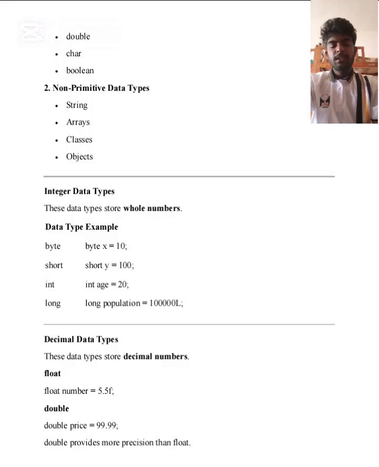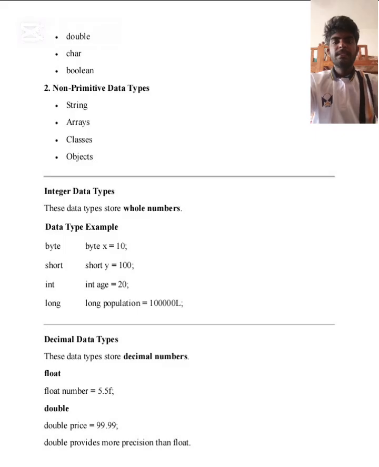Non-primitive data types include string, array, classes, object. So the main difference is that Java provides these two categories to represent different kinds of information in a program.